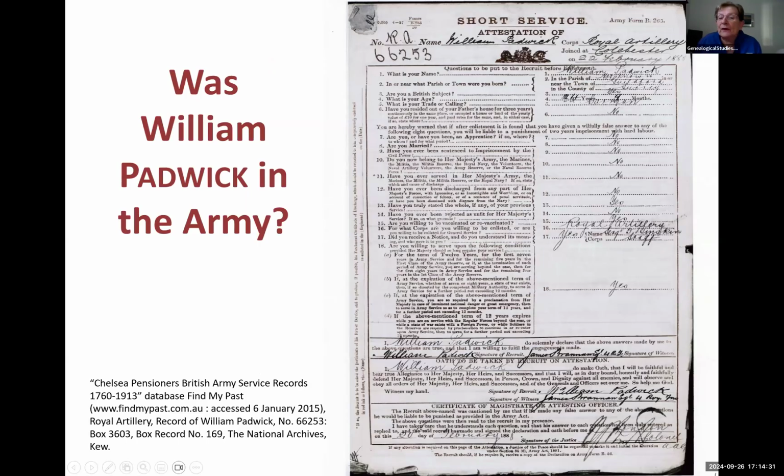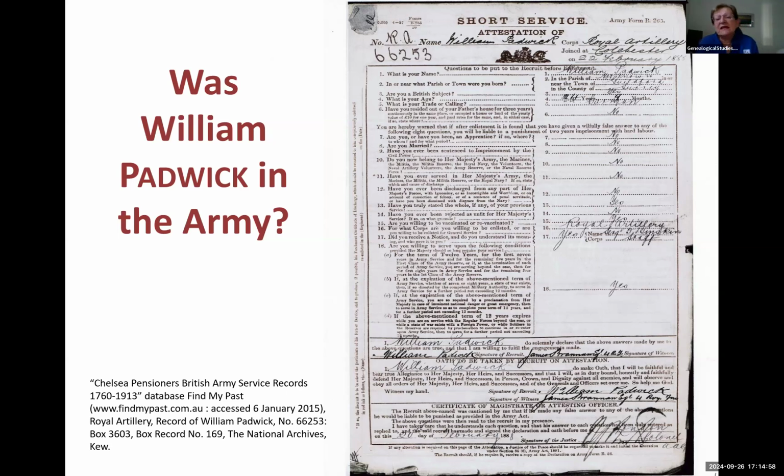Was William Padwick in the army? Okay, let's have a look and see. Looking at the Chelsea Pensioners British Army Service records, there we have the attestation paper of a William Padwick joining the Royal Artillery, but he joined on the 22nd of February 1888.